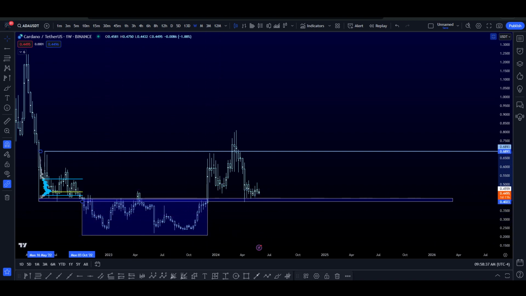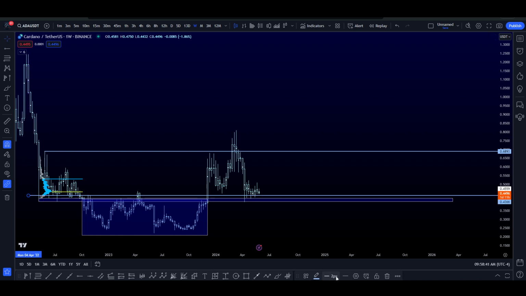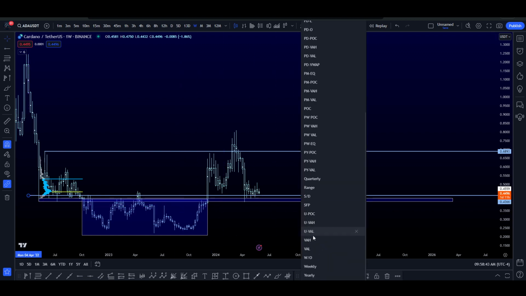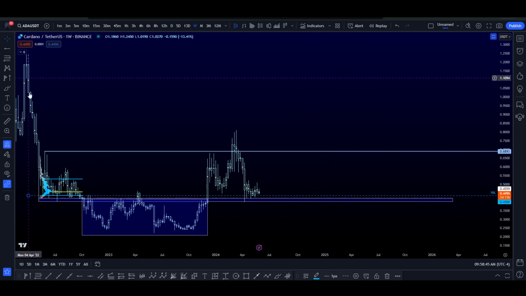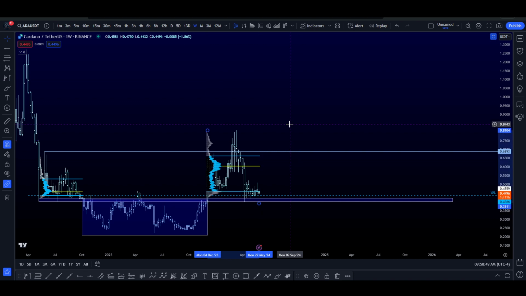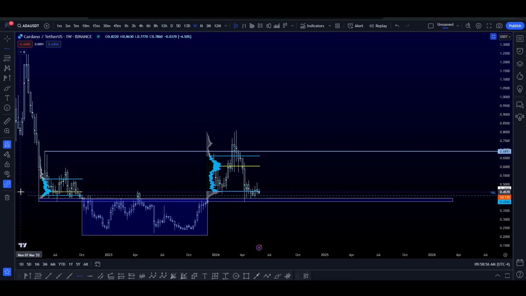Value area low, look at that. So we're right at the value area low of the previous range, and that's exactly where price is hovering right above, right? And then we can go ahead and pull it from here too as well. We could even include this little bar, and we're right below it, which is actually right at this point of control. So very important level is pretty much 46 cents.